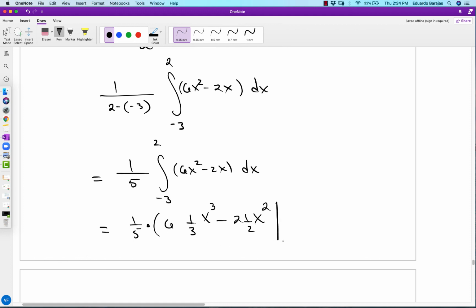And then this gets evaluated as x goes from -3 to +2. Of course, this reduces a little bit. These two cancel, and this goes into there twice. So we get that this is equal to 1/5 times 2x cubed minus x squared, evaluated from -3 to 2.